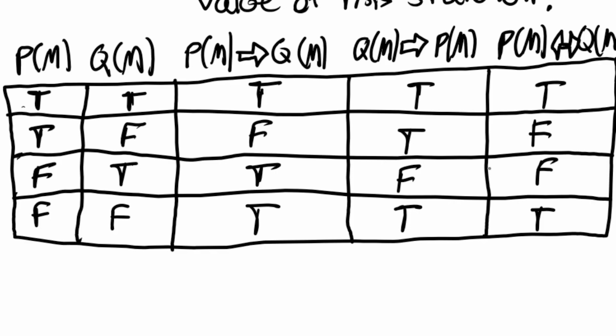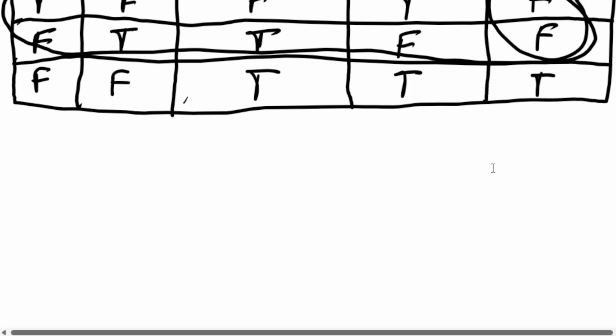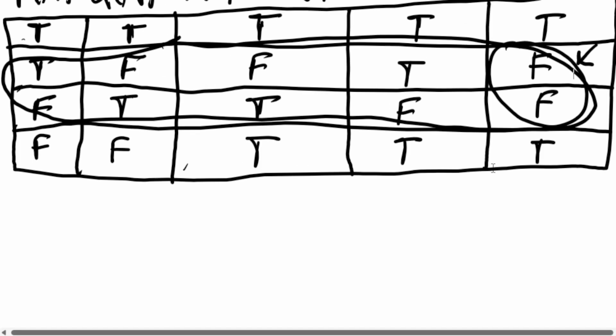So we don't need to look at a specific case, because we can narrow it down to this specific column right here. And in this specific column, the biconditional only has a truth value that is false.